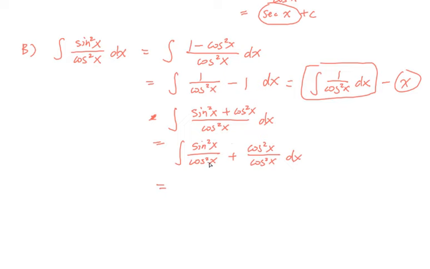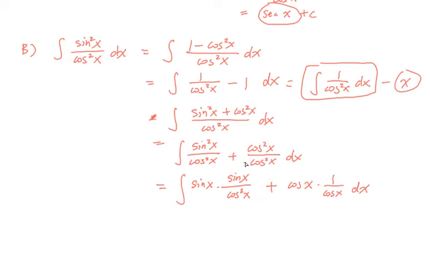Doesn't look very obvious, so maybe I can rewrite it like this. This is still the first term, and then for the second term I'm going to write cosine x over cosine x.